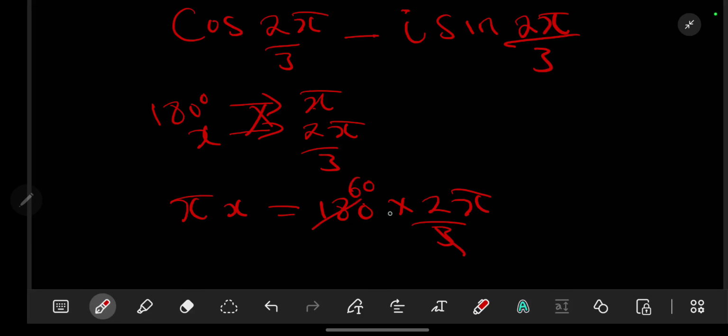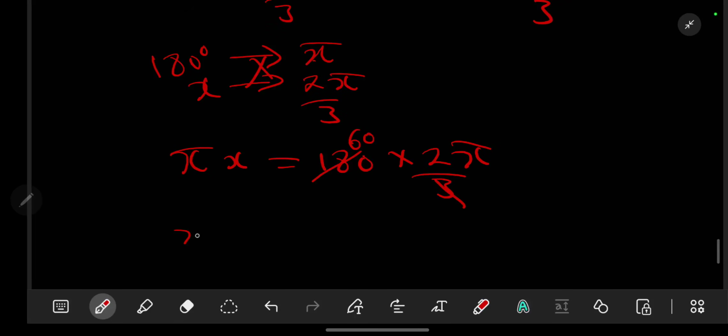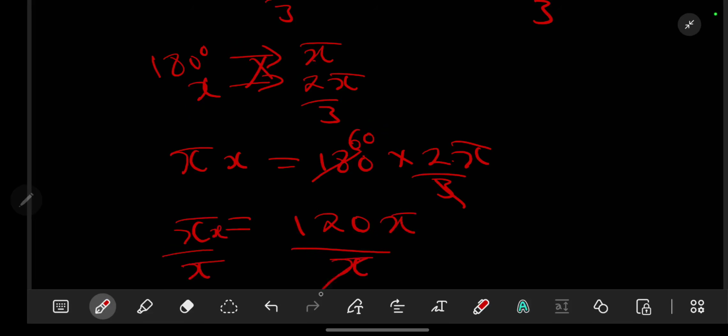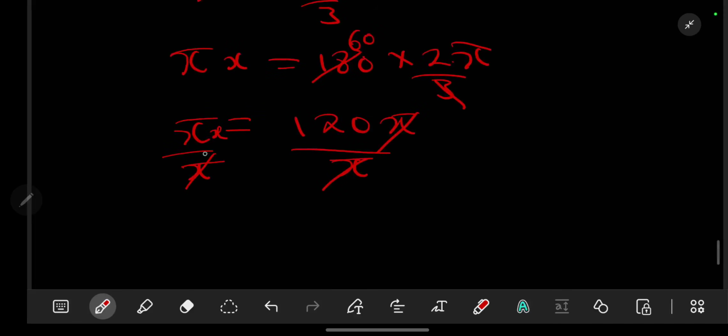You are going to have 60 times 2, which is 120. So x is equal to 120 degrees.